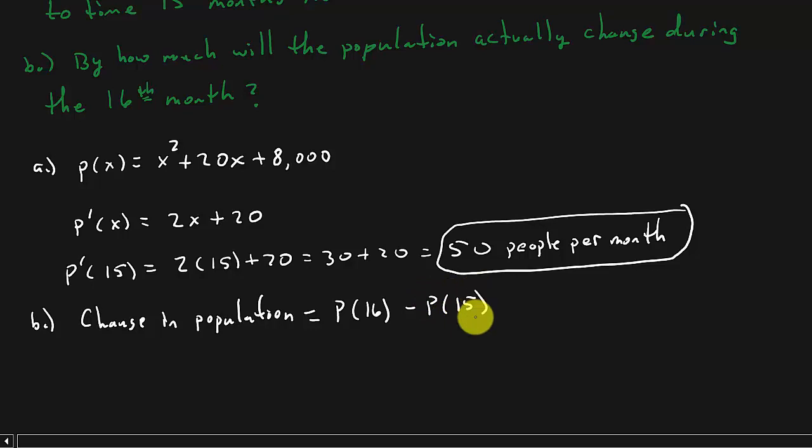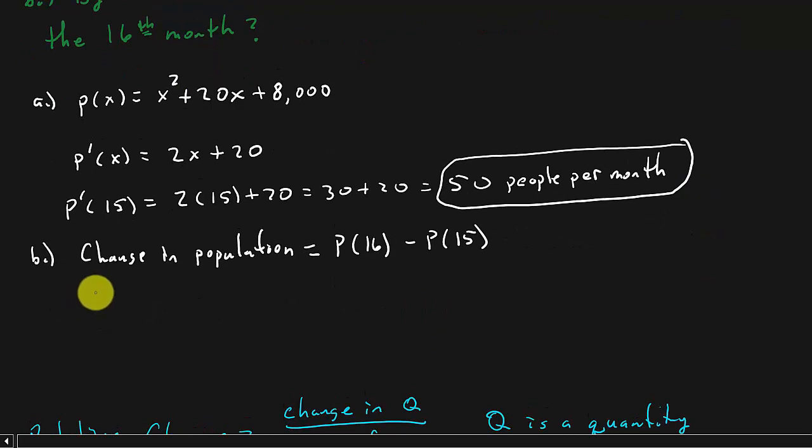So we would take the actual population in the 16th month minus the actual population in the 15th month. And so that would equal P of 16, now notice what it's saying. It's saying P of 16 minus P of 15, not P prime.